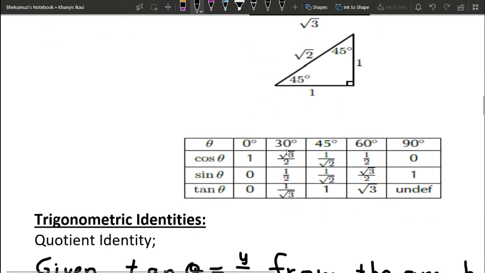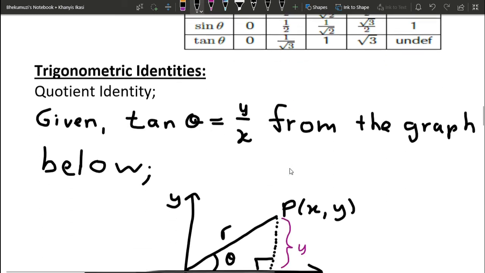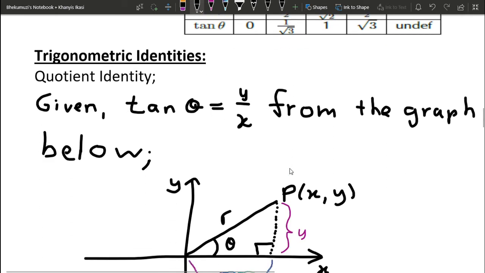And then these are just a small summary of those values that you find when you plug them into your calculator.